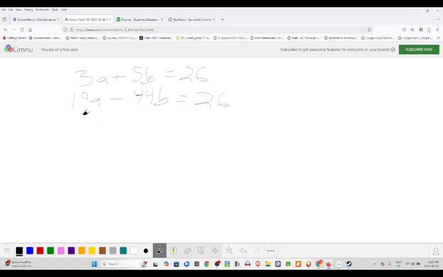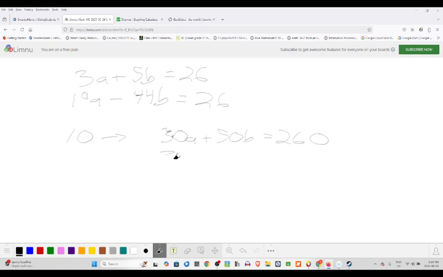Now, whether we use elimination or substitution, the method from here is up to you. I am going to use elimination here. So I'm going to multiply our first equation by 10. That leads to 30a plus 50b equals 260.